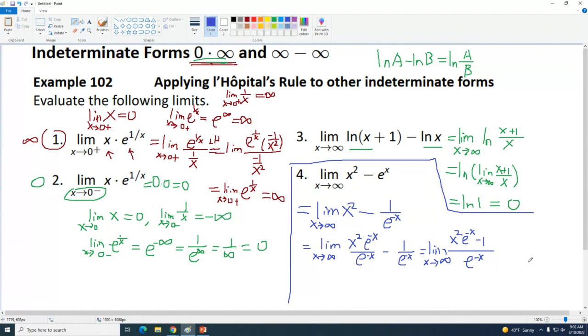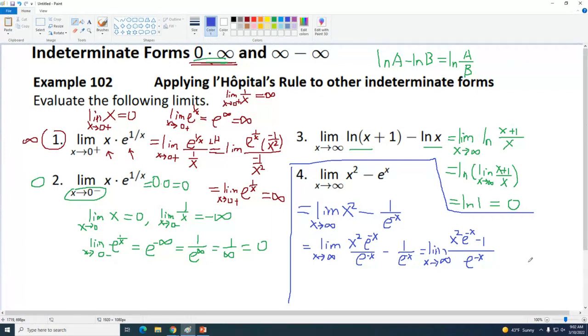I think you remember what we have calculated over here. This is 0 times infinity, and then we end up having infinity because the exponential function has higher power than the polynomial. So in here we have x squared times e to the negative x.